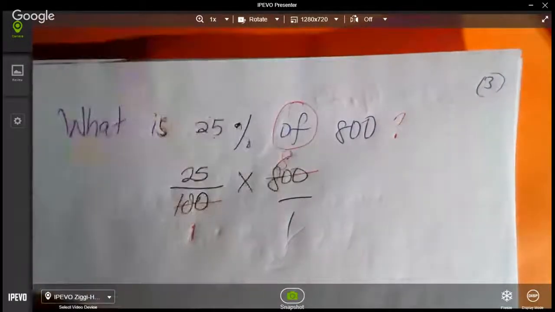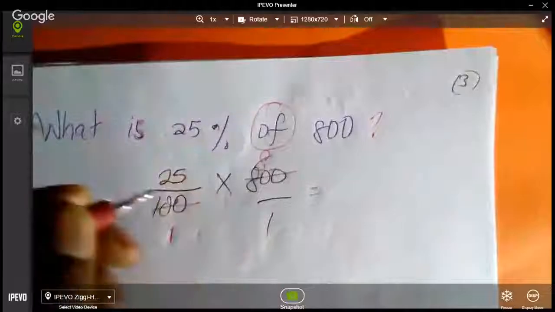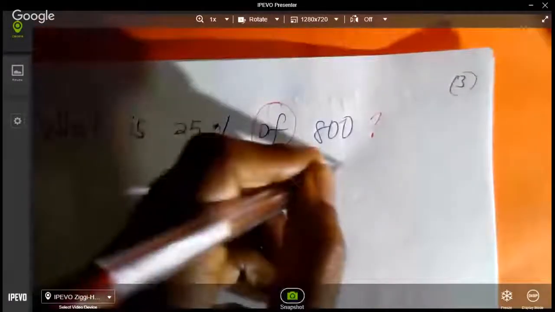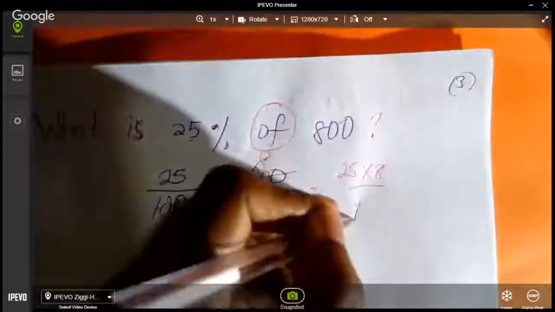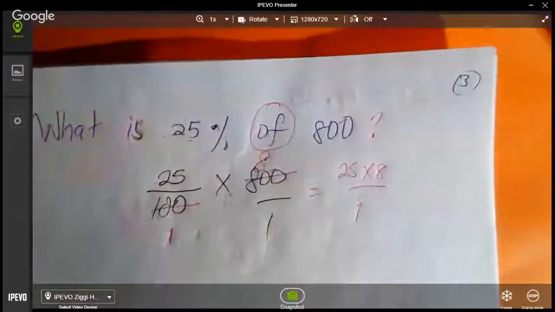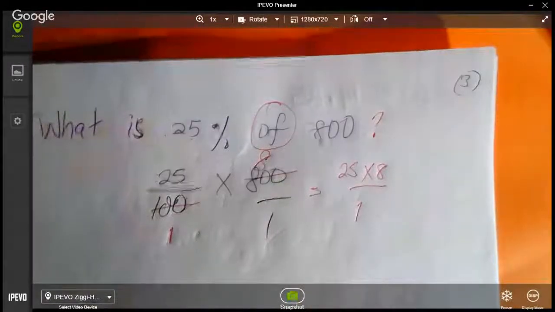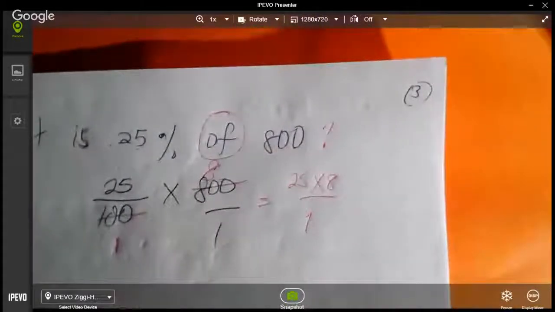Okay. So now let's go numerator by numerator. This would be what? 25 times 8 all over 1. What's 25 times 8? Sir, 200.